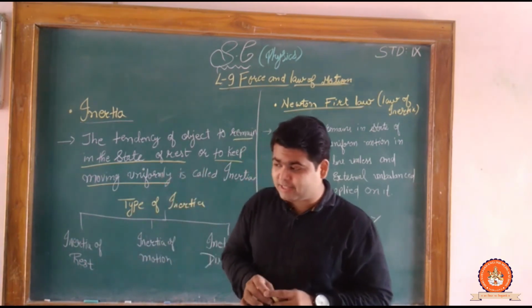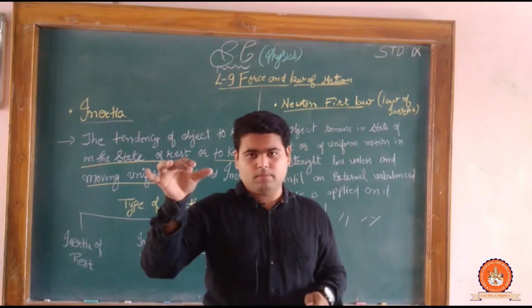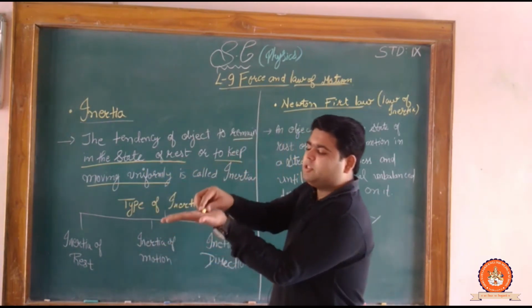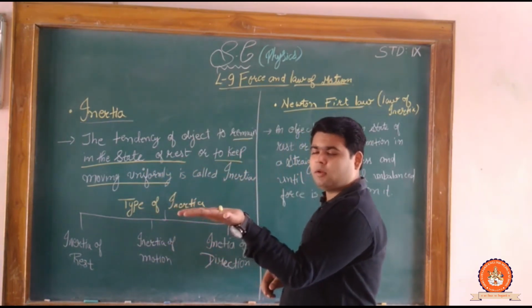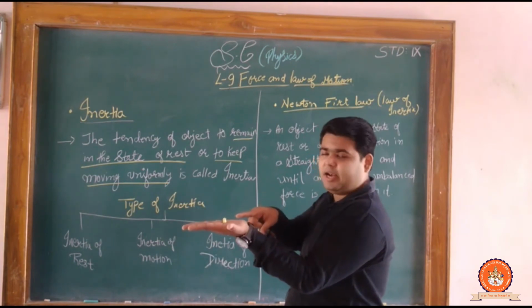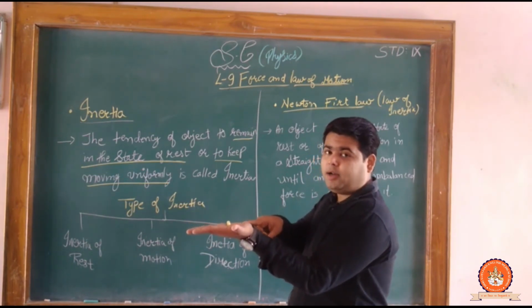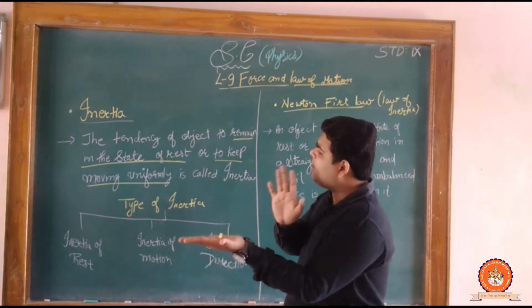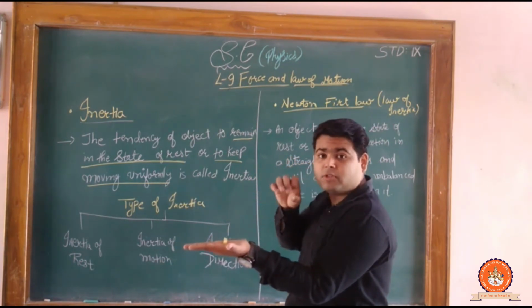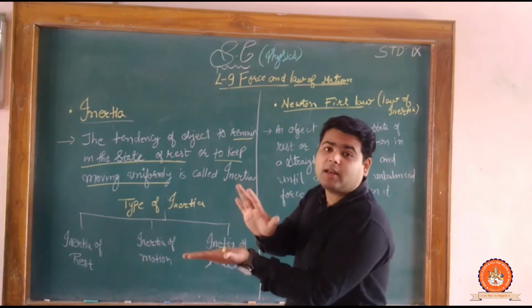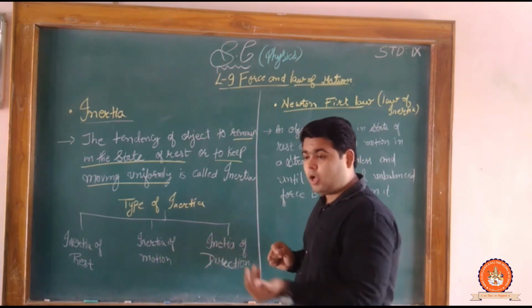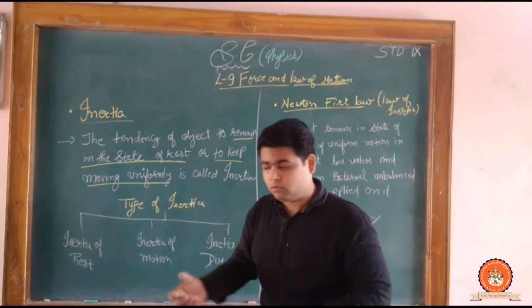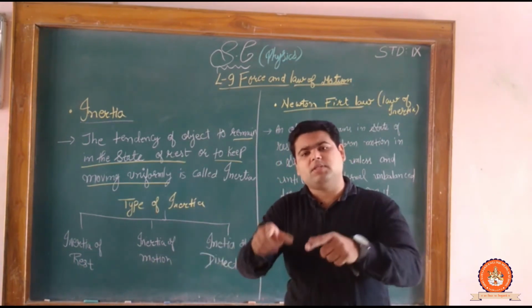If you take an example, suppose we have a chalk. The chalk always stays in its position until an external force is applied on it. It will stay steady until we apply an external force. Now if the thing is in motion, it always stays in motion.